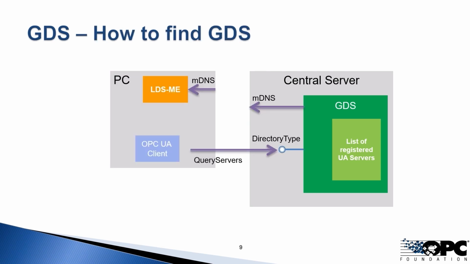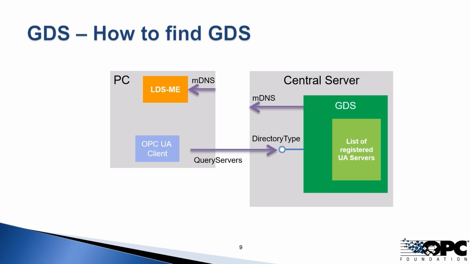So one of the interesting chicken and egg problems that arises for clients wishing to use a GDS is, how does the client find the GDS itself? There are several mechanisms that can be used to aid in the discovery.